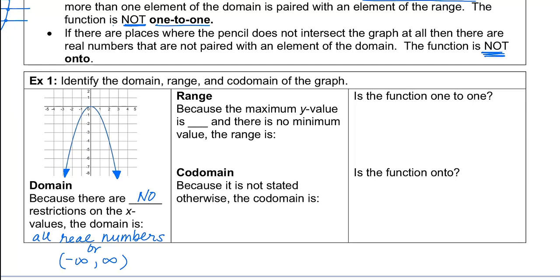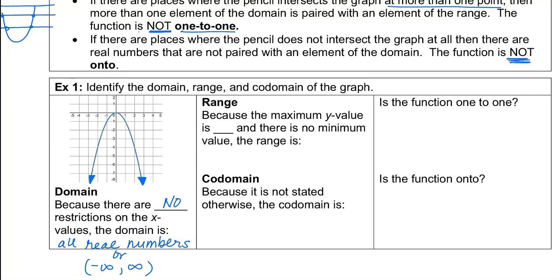Range. So what's the range for this function? Notice, for range, we're going to be looking at the y-axis. Do you see that? So are all y values labeled here? Well, notice here I can go left and right here, and I find values left and right here, left and right here, right?